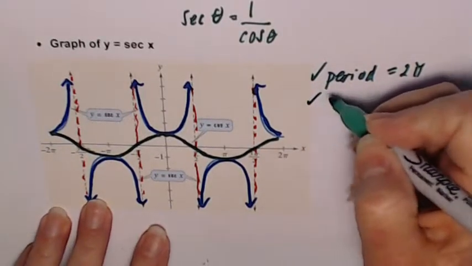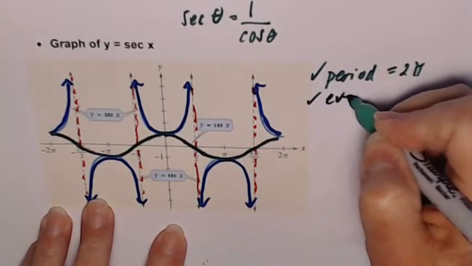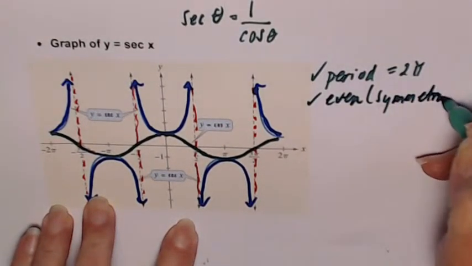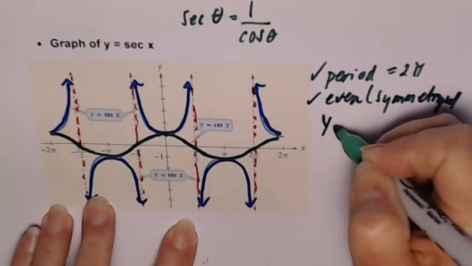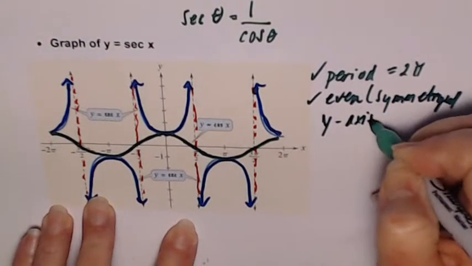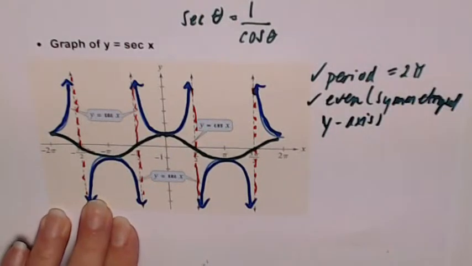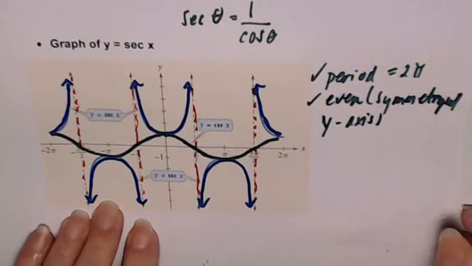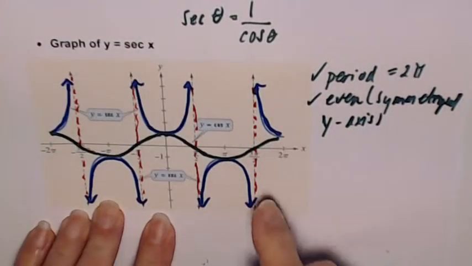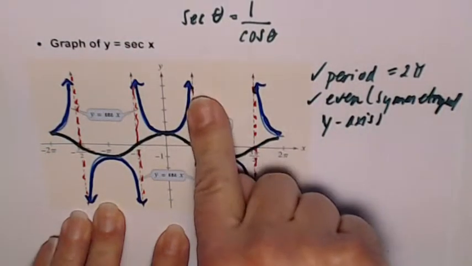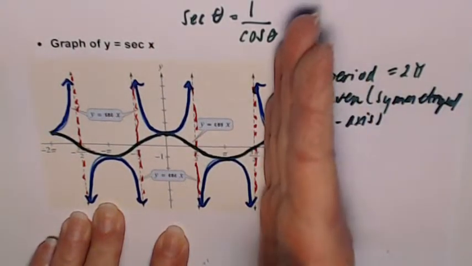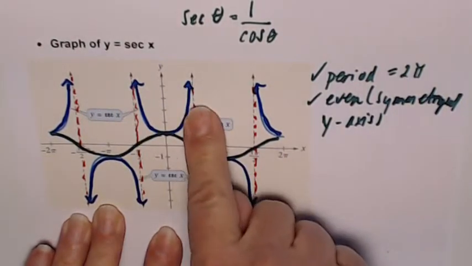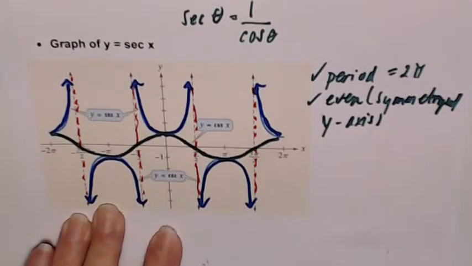Now, similar to its cosine partner, this is an even function, which means that there is symmetry with the y-axis. And again, we can see this so clearly, I hope, in our graph, that if we were to fold this on the y-axis, this half would lie exactly over this half. You can see it here. This is the mirror image of that half there.